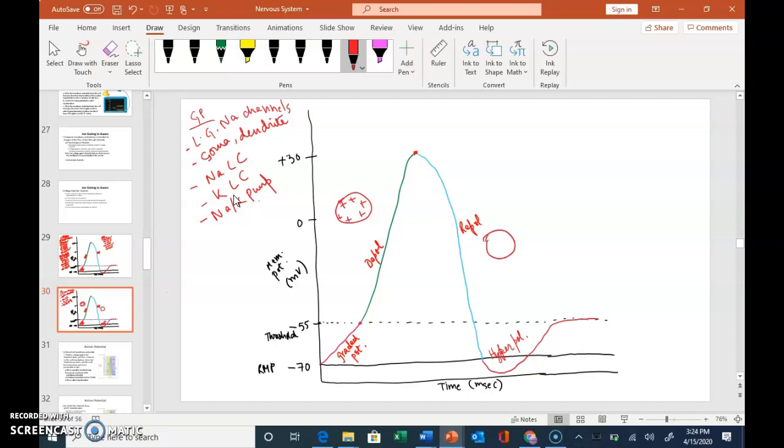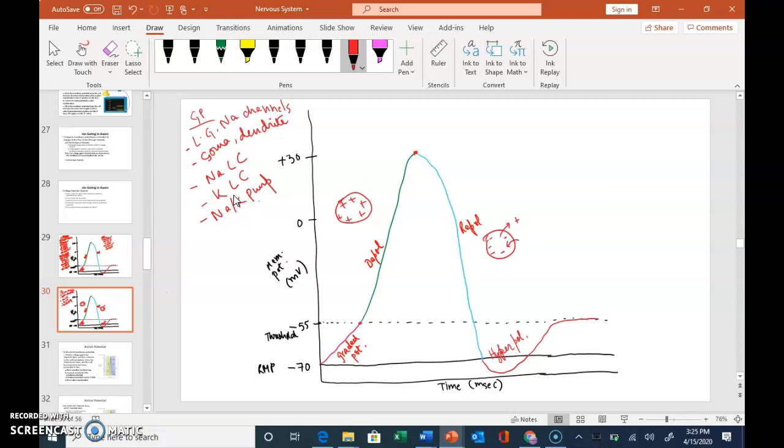Repolarization is when all the positive charge goes out and the membrane potential is restored back to negative 70 millivolts. So that's repolarization. And then hyperpolarization is this little overshoot here.